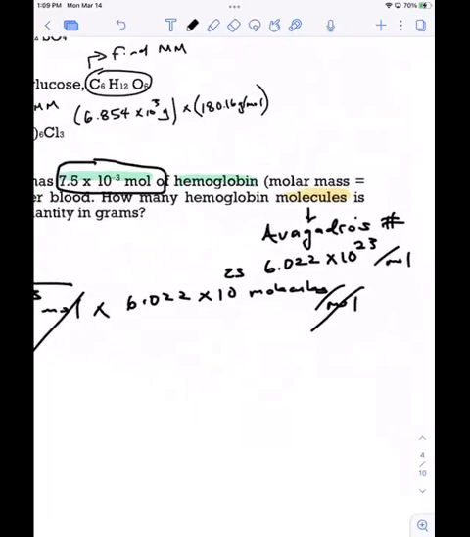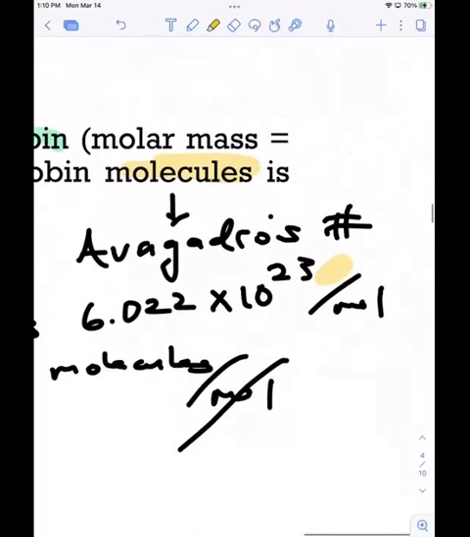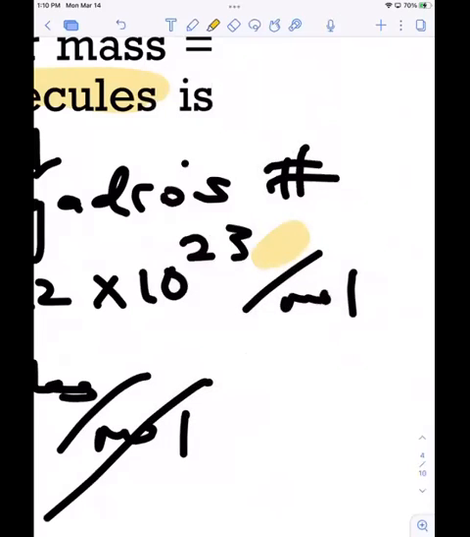Anytime we want to find out discrete particles per mole, we can just use Avogadro's number.